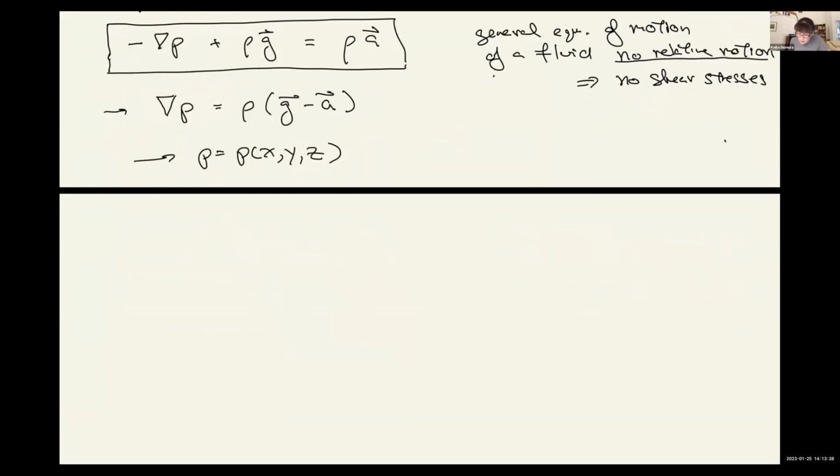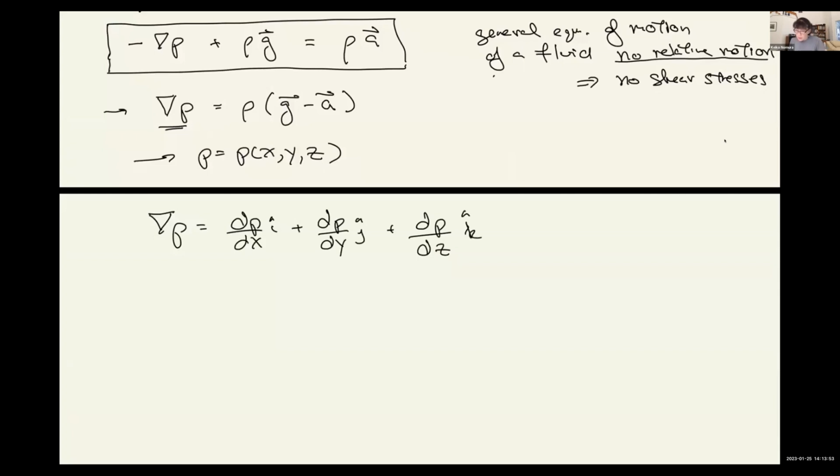The pressure gradient is a vector. So again, it's a vector equation. And one notices that the pressure gradient, which we call grad P, is the partial of P in the X direction, the variation of pressure in the Y direction, and the variation of pressure in the Z direction.